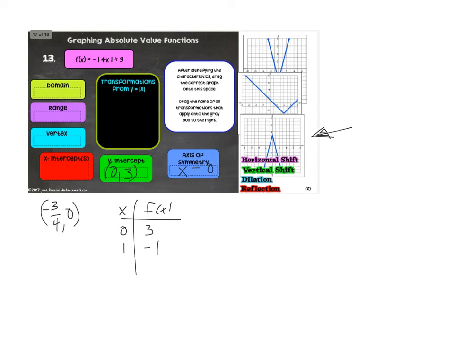And the other one is going to be positive 3/4, 0. So those are the x-intercepts. The vertex is going to be at 0, 3. The range is y is less than or equal to 3. The domain is infinite.